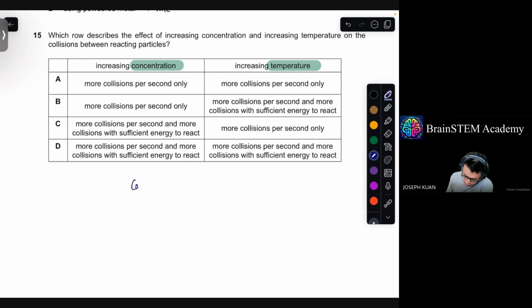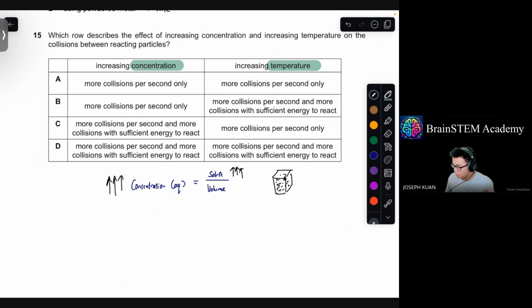Now, when you say concentration, it usually refers to aqueous solutions. And it refers to the amount of solutes over volume ratio. So concentration usually refers to more solutes in a particular volume. So you can think of a particular space having more solute particles.